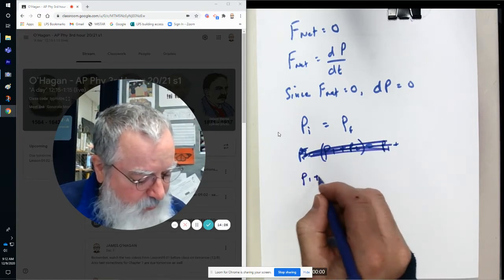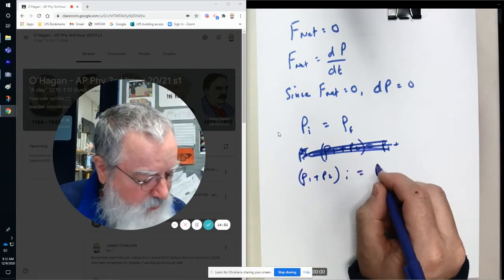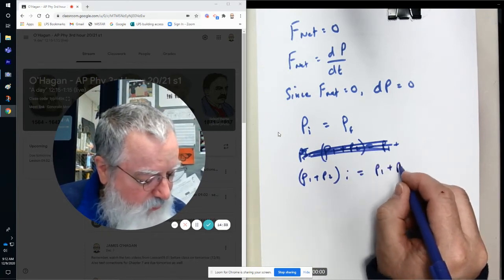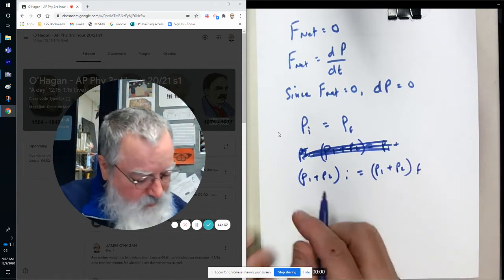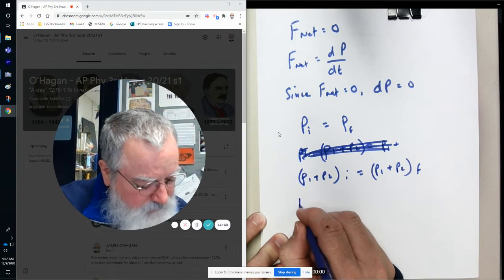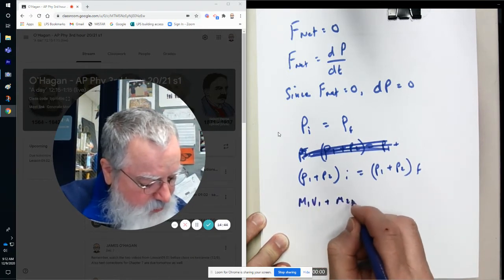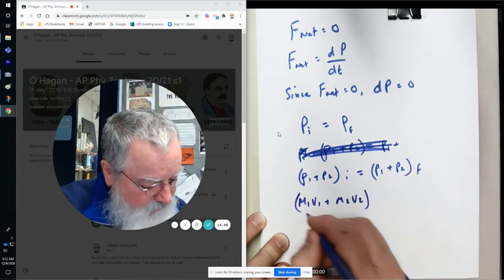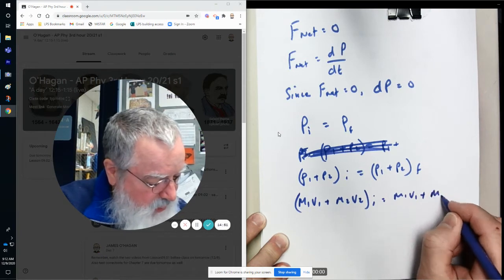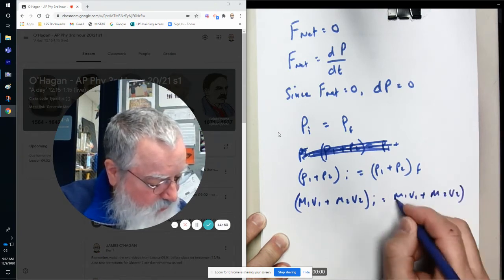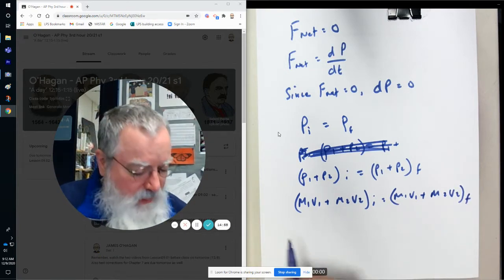Momentum of object 1 plus momentum of object 2 initially equals momentum of object 1 plus momentum of object 2, the final value. You seeing conservation of momentum? Mass 1, velocity 1 plus mass 2, velocity 2 initial equals mass 1, velocity 1 plus mass 2, velocity 2 final. We're back to conservation of momentum.